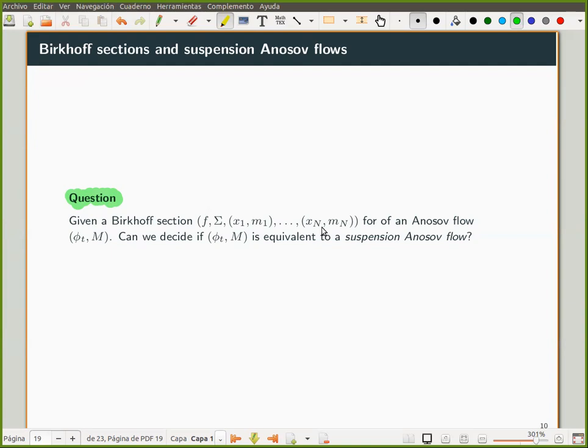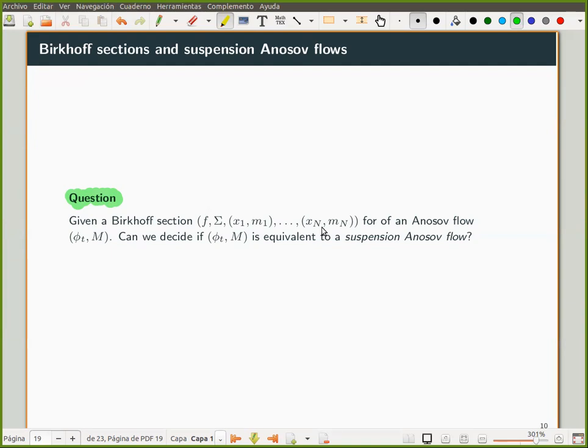Well, in the next talk, we will say something about this problem. We'll be able to translate this question into another question that involves singular affine structures on surfaces.